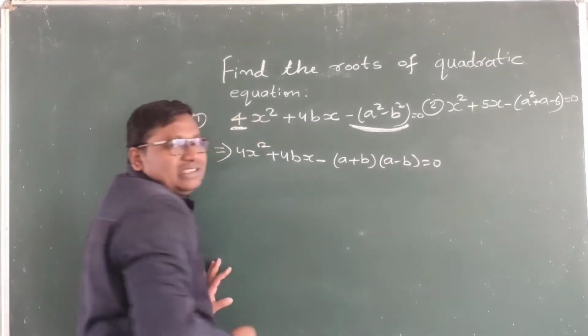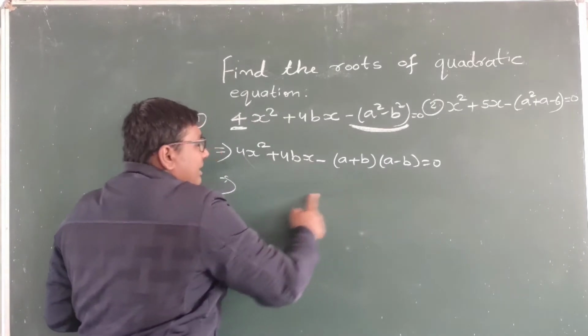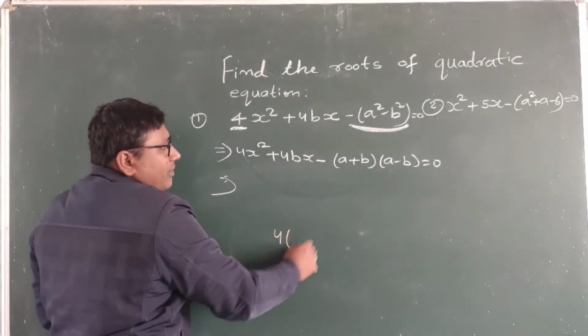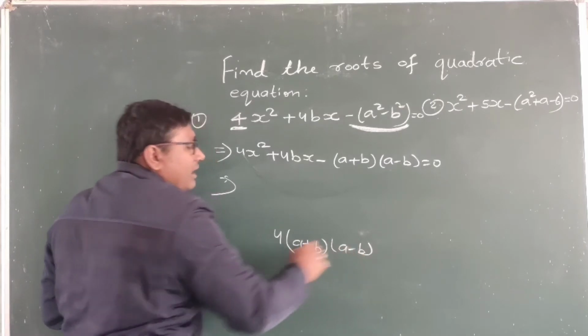Now what to do? We need to multiply these two terms, I mean 4 will be multiplied with a plus b and a minus b.